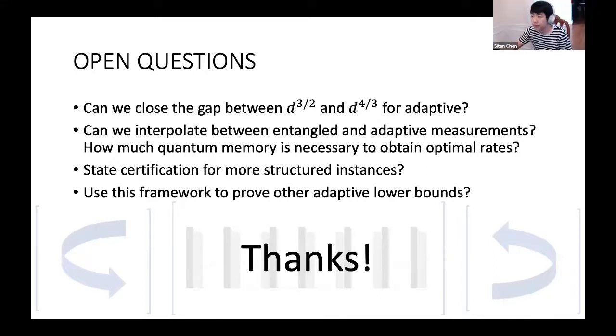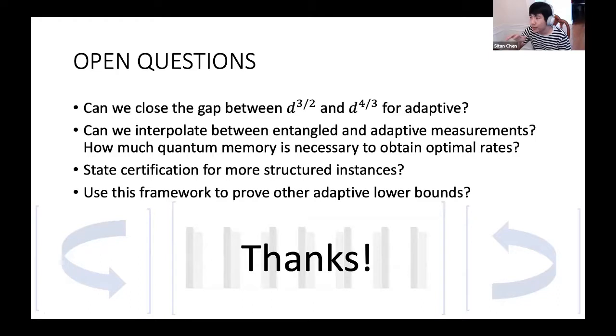Any other questions? Sitan, can you say something about what extra ideas are required to get the adaptive lower bound? Yeah. So the fluctuations for this pairwise correlation are essential for both the non-adaptive and the adaptive. The reason why you see a 3/2, but then the adaptive becomes 4/3, is that there's some balancing.